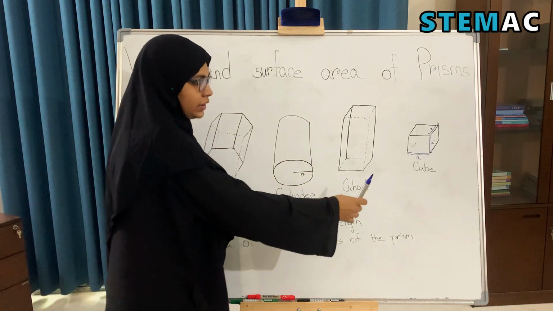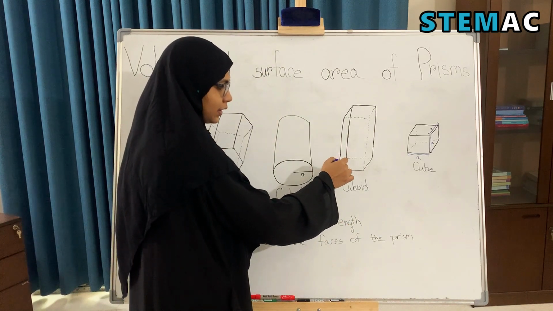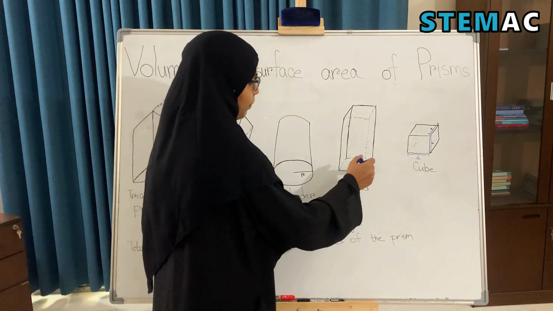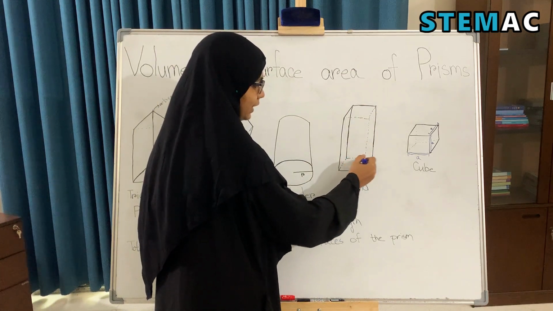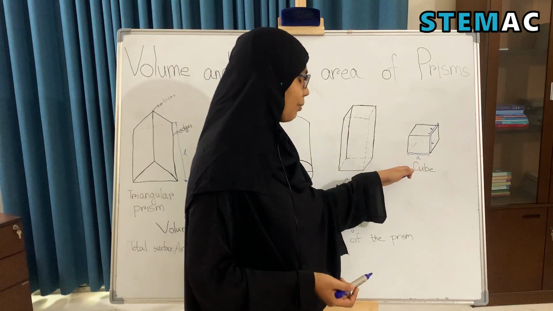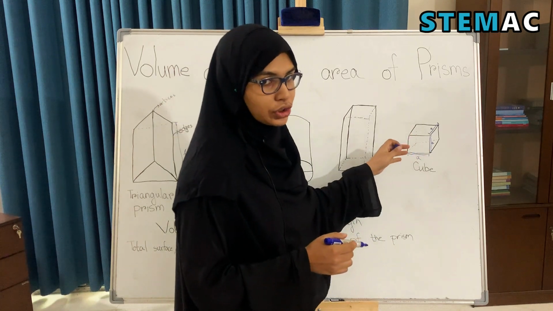Sorry, this one is a cuboid and this is a cube. For a cuboid, this length could be rectangular or square, but this length will not be the same as these lengths. That's why it's called a cuboid. But for a cube, the lengths in 3 dimensions are the same.